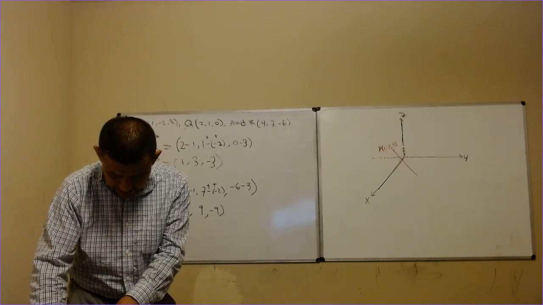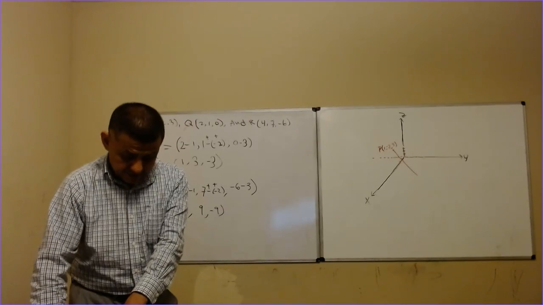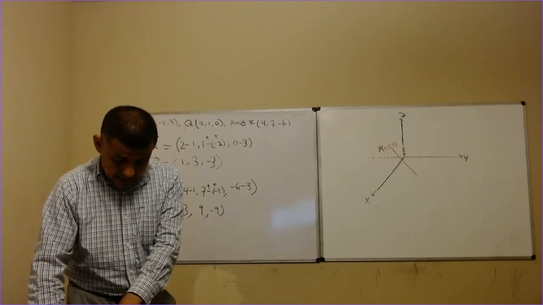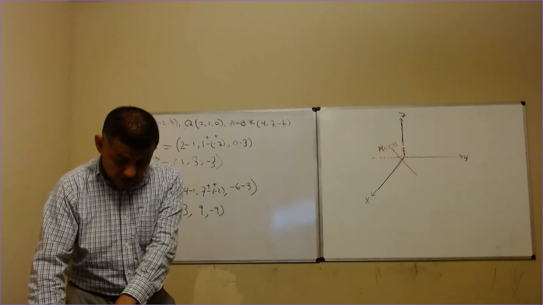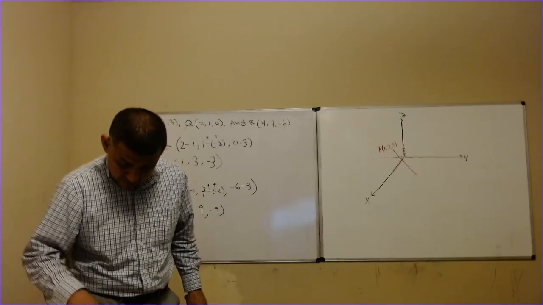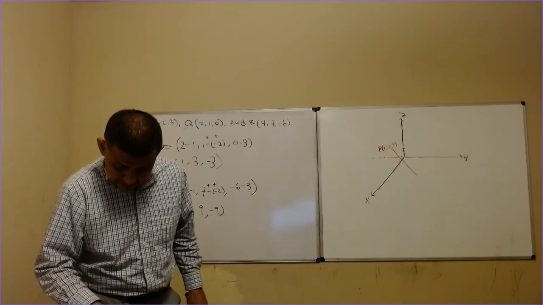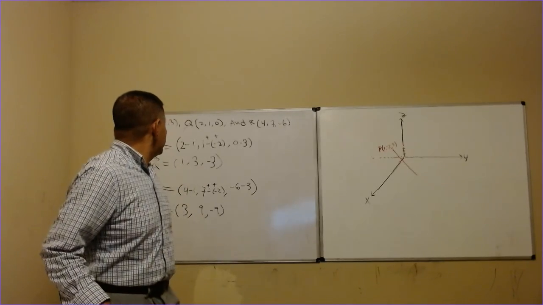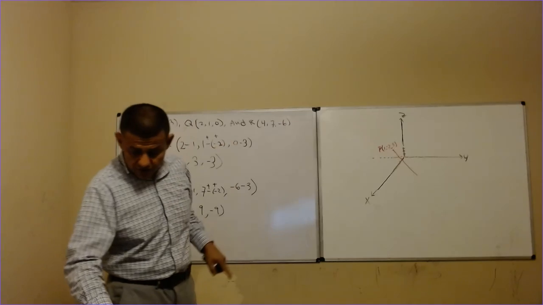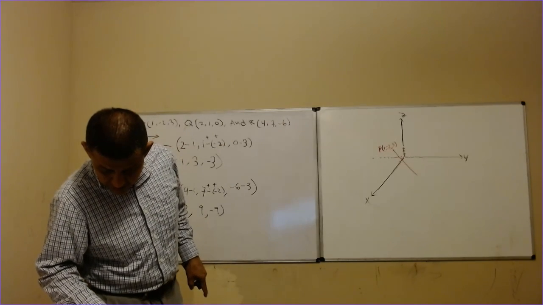So at this point is 1, right? At this point right here, point Q, the z is 0, right?